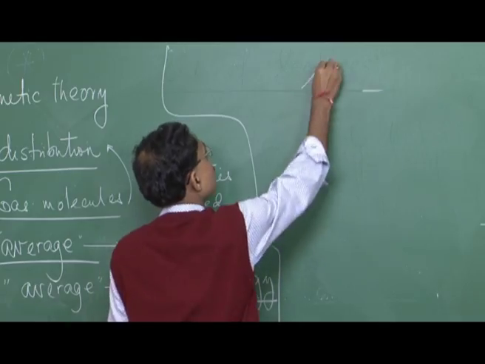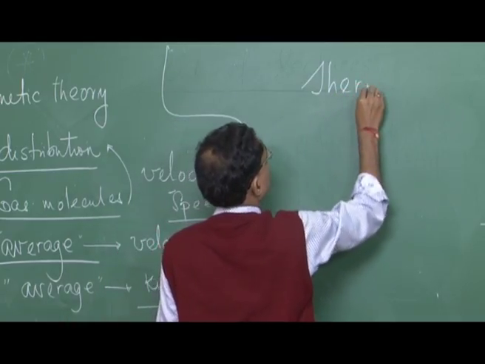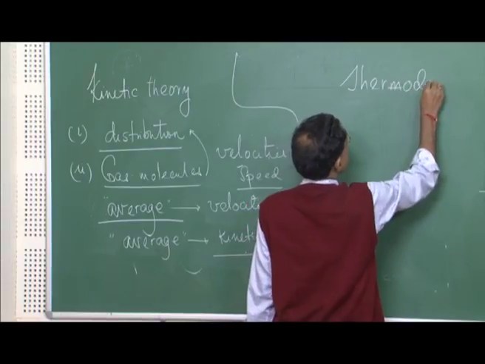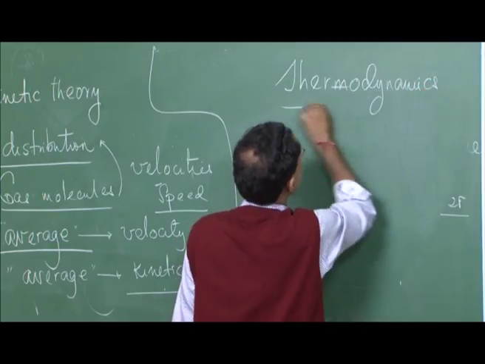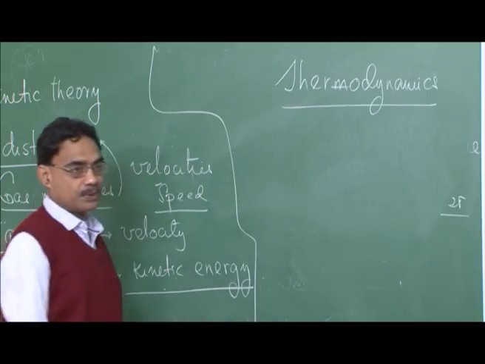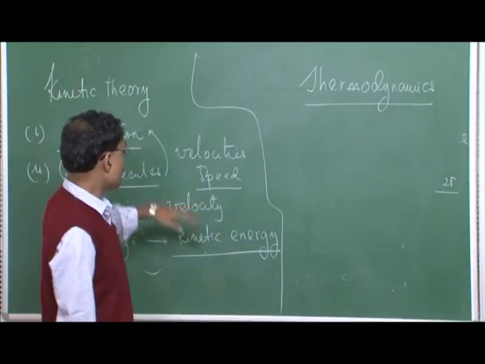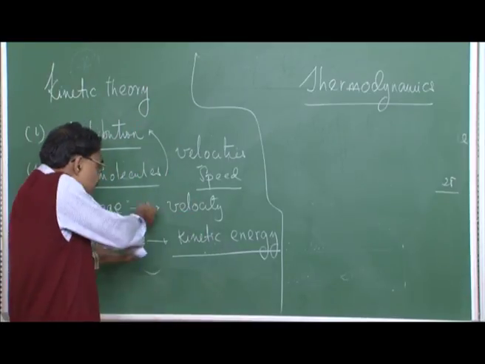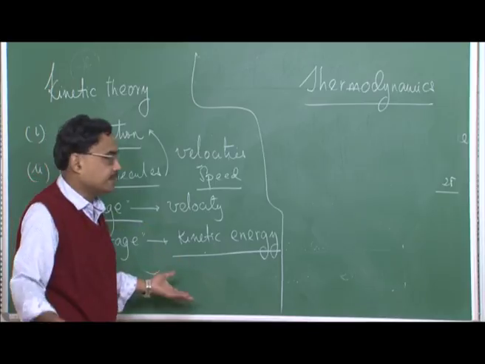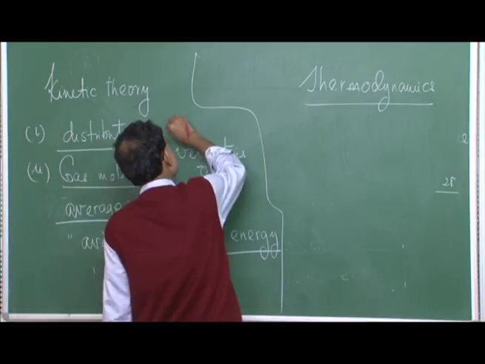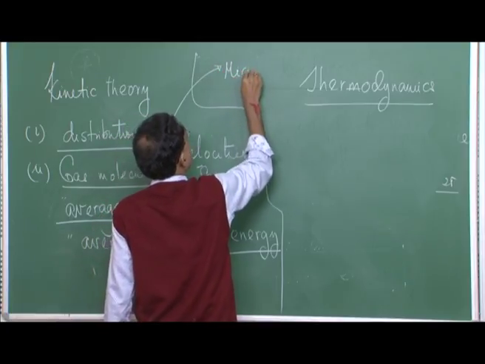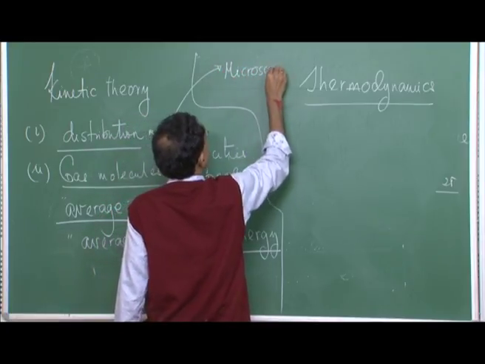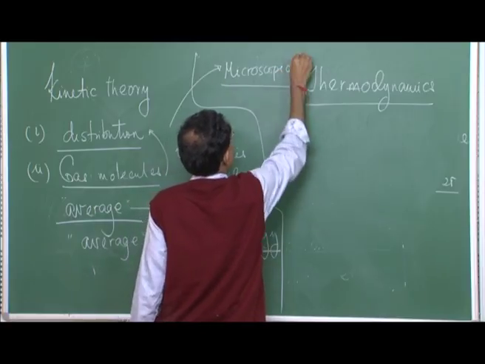What is the approach of thermodynamics then? Well, in thermodynamics, we really do not care about individual molecules. I do not care about molecules, their velocity distribution, nothing. So, kinetic theory, if I use more formal language, is a microscopic theory.